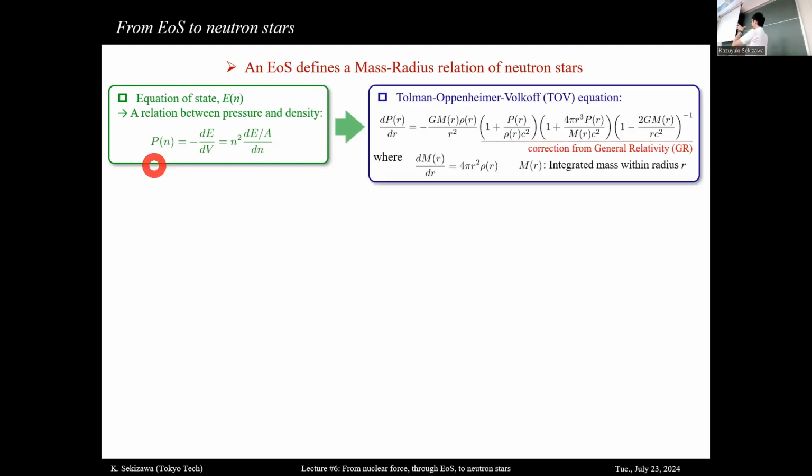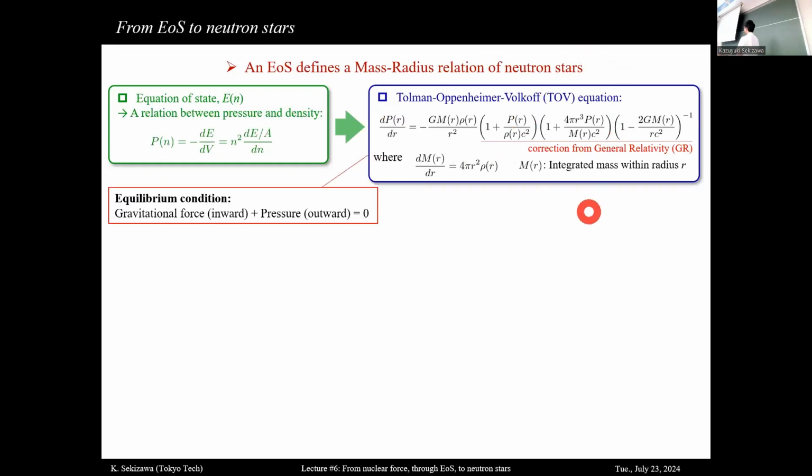And then you can apply this pressure into the Tolman-Oppenheimer-Volkoff equation, TOV equation here. This is nothing but the equilibrium condition between the outward pressure and the inward attraction of gravity.